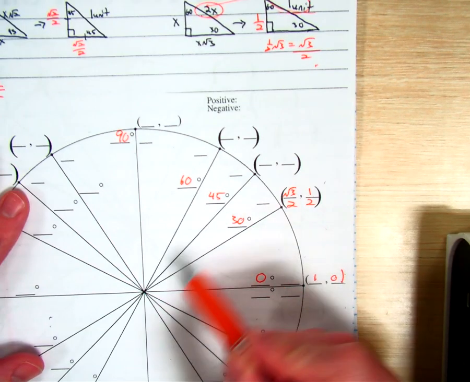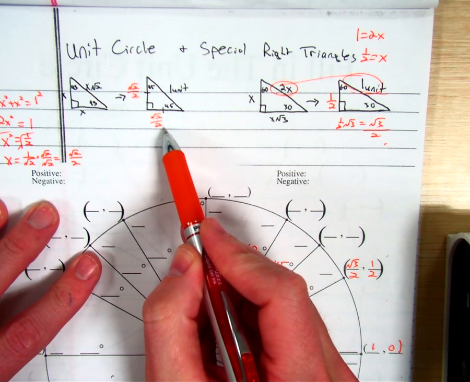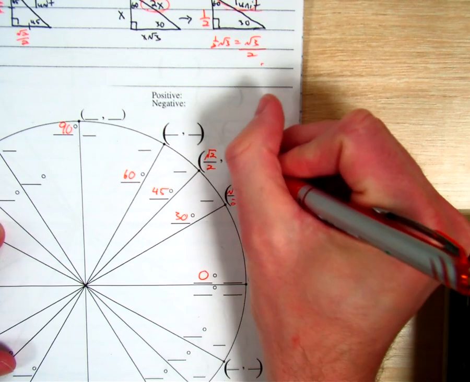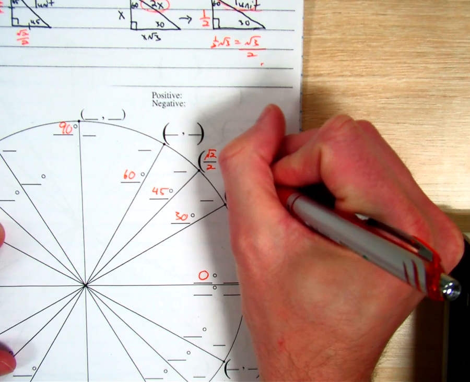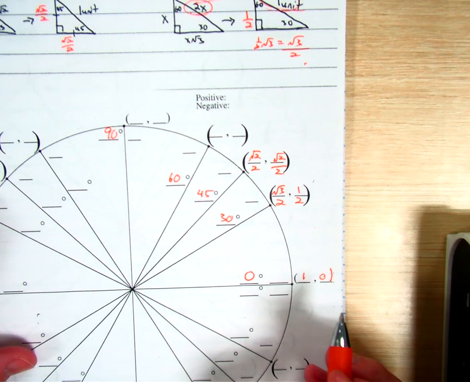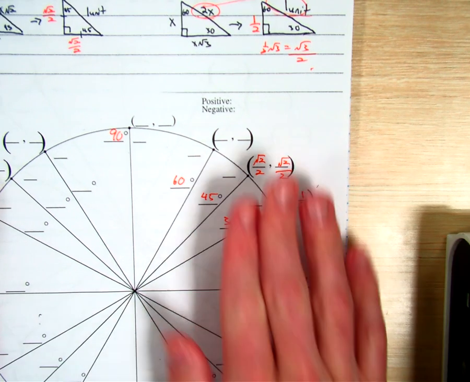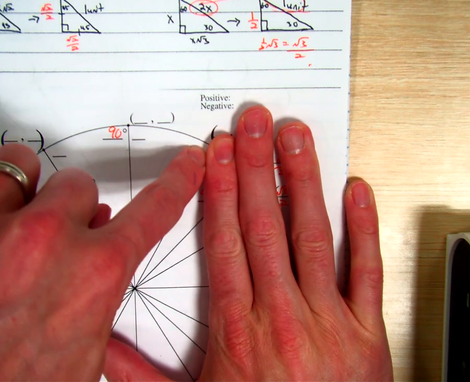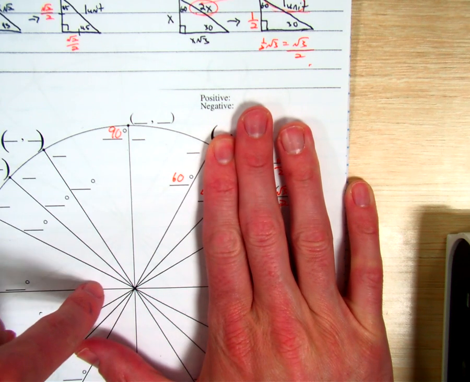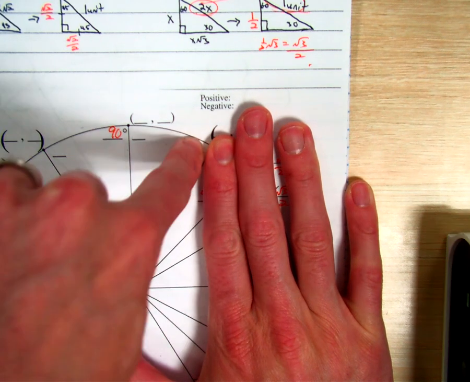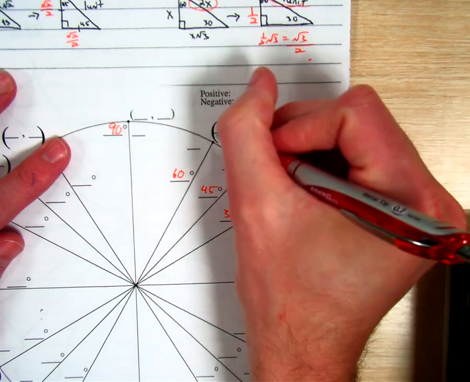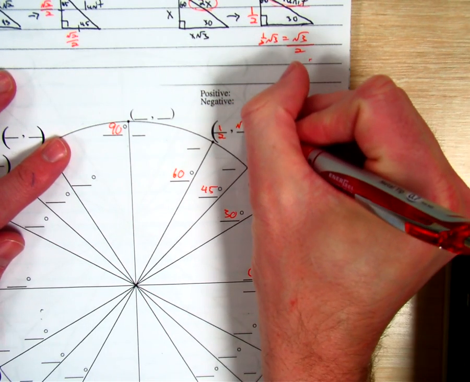At 45, piece of cake, radical 2 over 2 for both spots. At 60, we're not very far over and we're a lot more up. So now the x is the short one and the y coordinate is the long one. We flip-flop that and have a half, comma, radical 3 over 2.